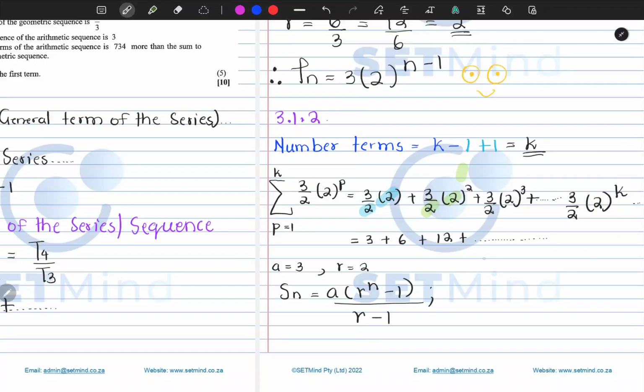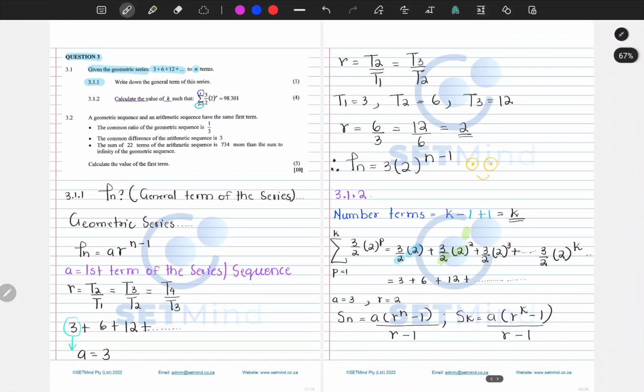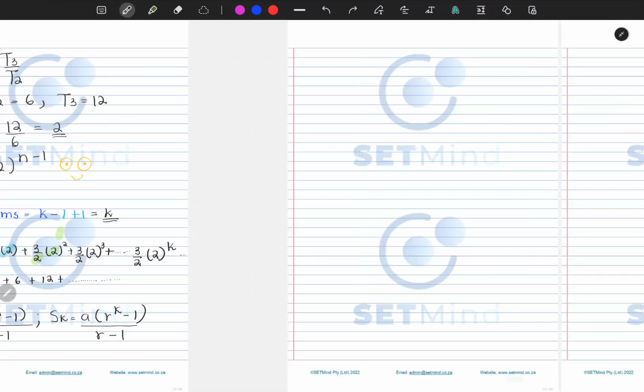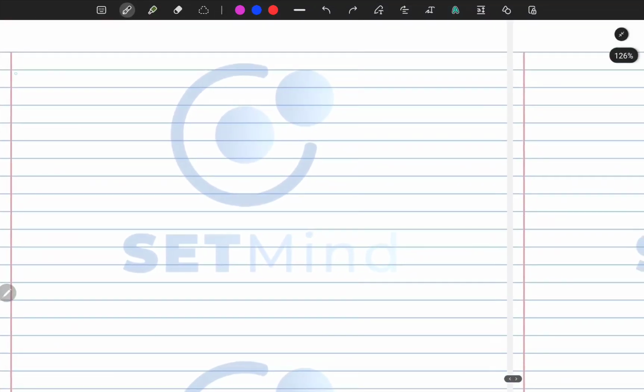So in this case, since we are dealing with k, we can just put k wherever we see n. So this will be a into r to the k minus 1 divided by r minus 1. So we know that the sum of k terms will give us the number which we have there, 98,301. So let's go to the next page and deal with that.